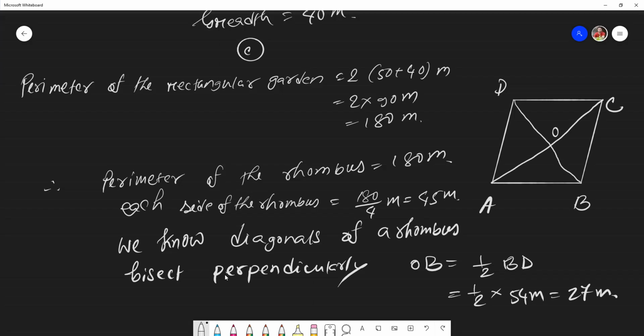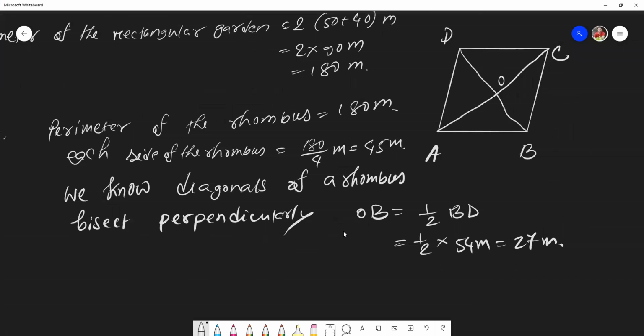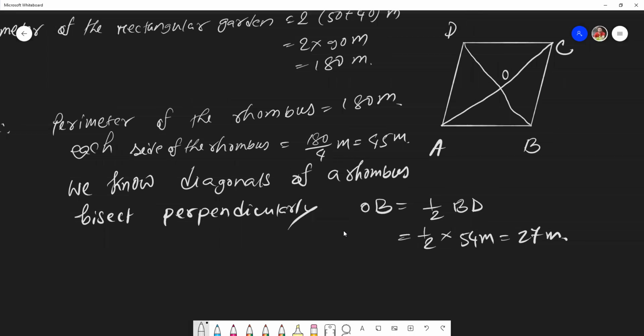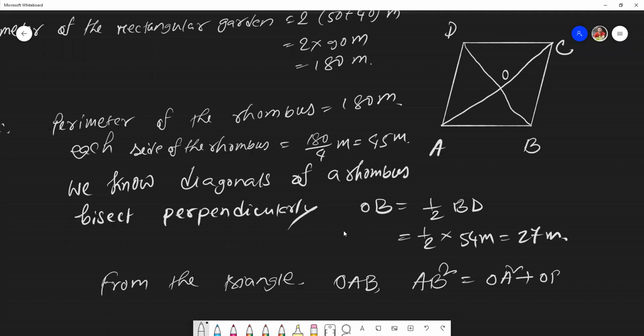So from the right triangle OAB, we get AB square is equals to OA square plus OB square.